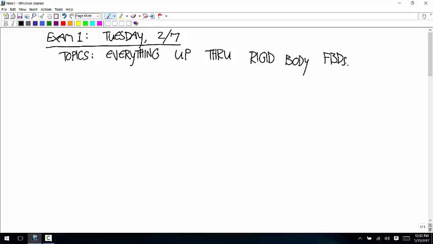So there aren't going to be any rigid body statics problems where you use the equations. You just have to know how to do the free body diagrams. So pretty much everything we did in the last class and everything we're going to do today is for problems that are not going to be on the test.